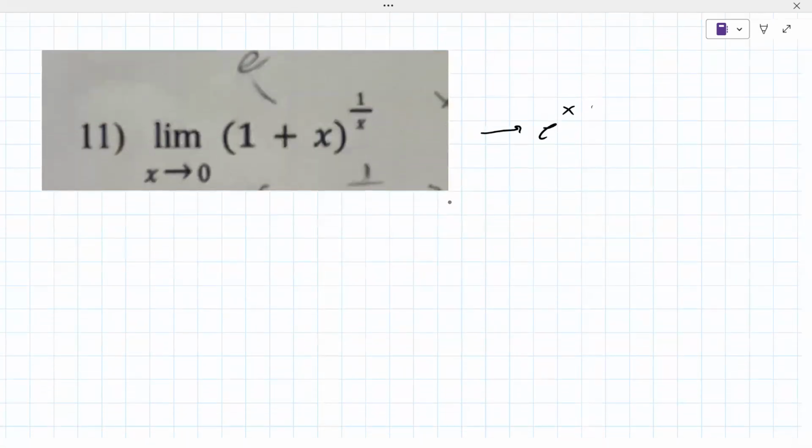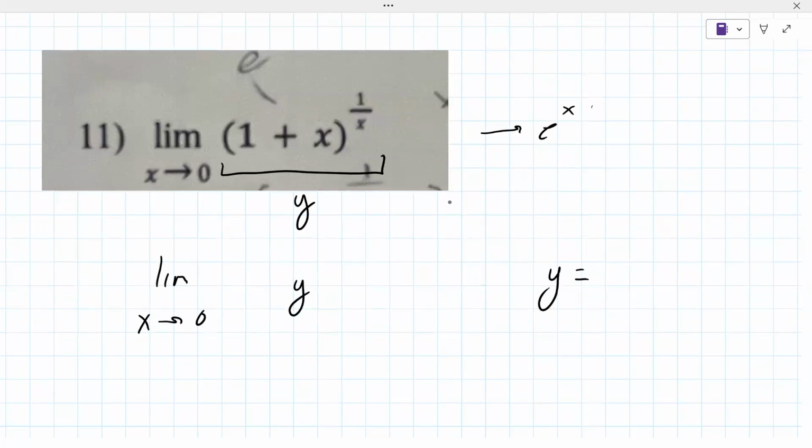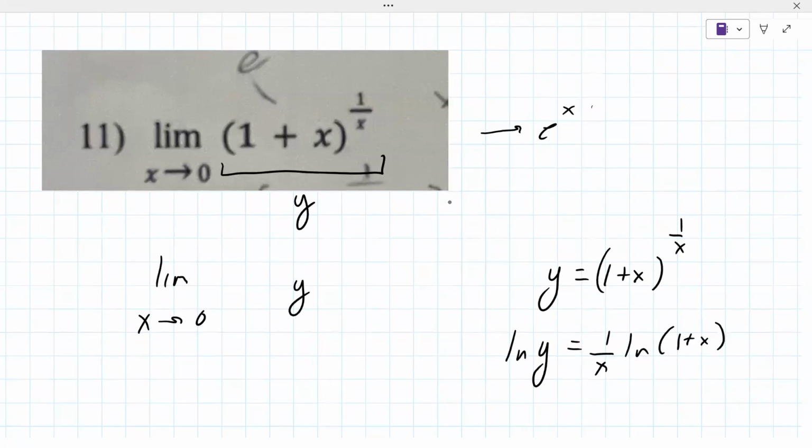So if you treat this as y, and y is equal to 1 plus x to the 1 over x power, you can take the natural log of y, which equals 1 over x natural log 1 plus x.